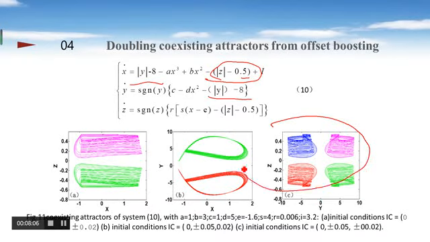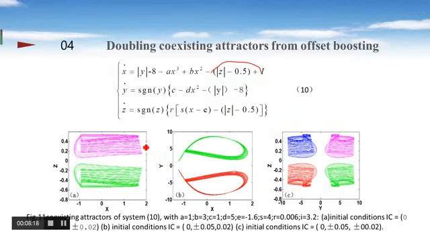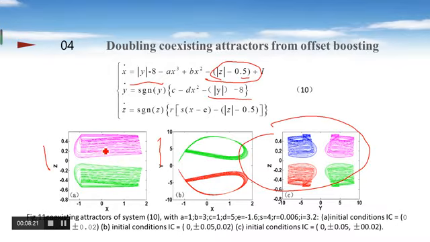Therefore, 4 attractors show up, accordingly standing in the dimension of y and z.